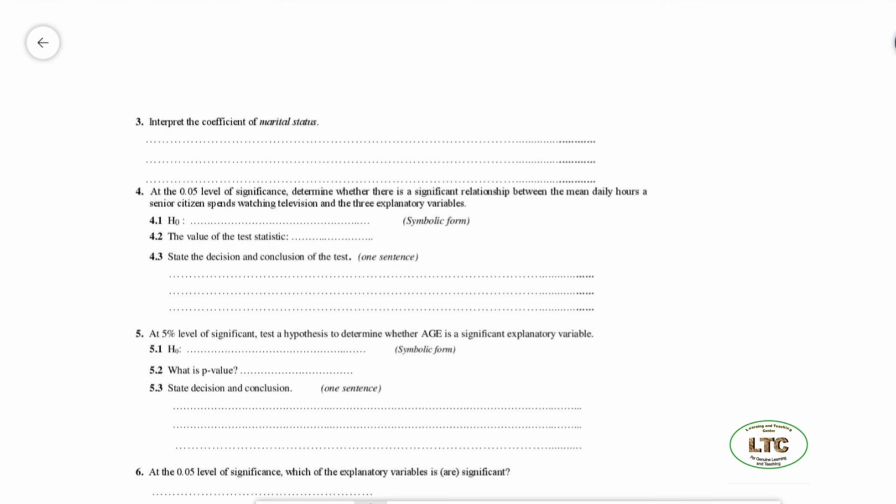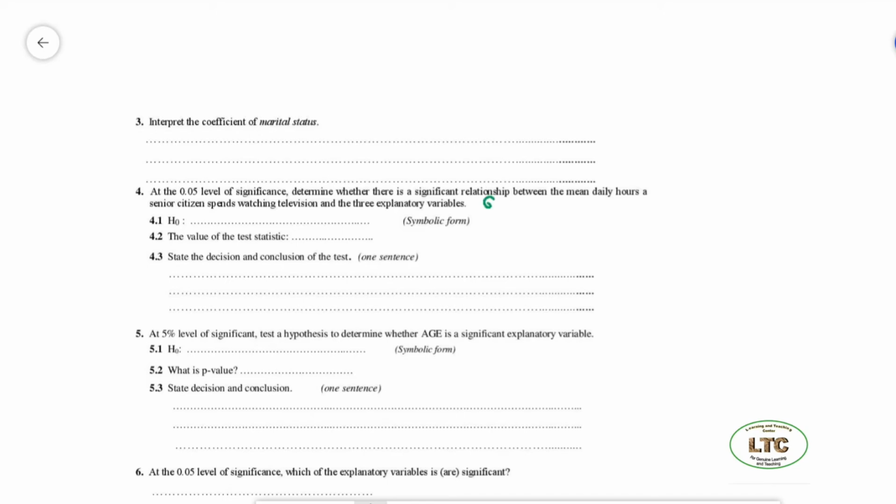For this part, using the p-value at the 0.05 level of significance, determine whether there is a significant relationship between the daily hours senior citizens spend watching television and the 3 explanatory variables. That means y hat, y depends upon x1, x2, x3.